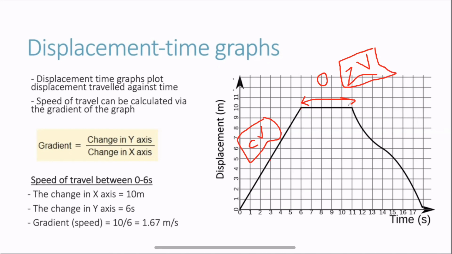So we get 0 upon time, that is 6 to 12, which is 6 seconds. But as we know, 0 upon anything gives us 0. So friends, if the displacement is 0, the velocity we get is also 0. So the body is at rest here.